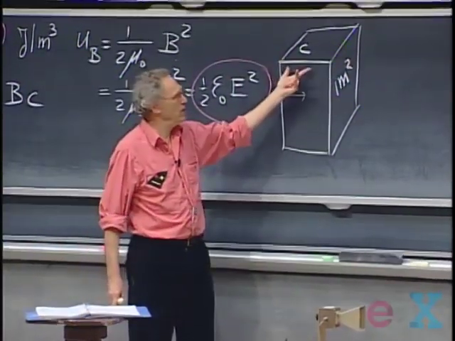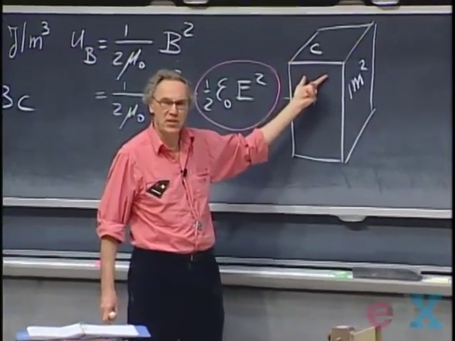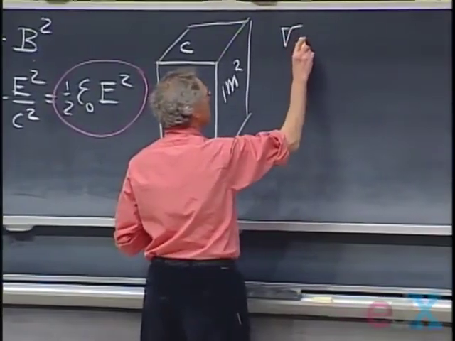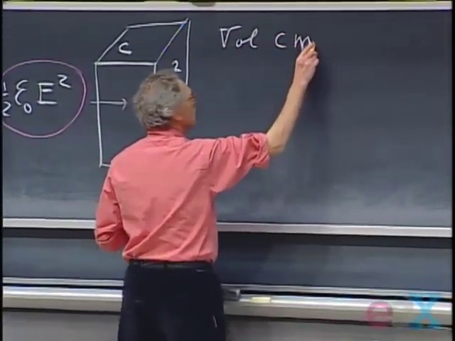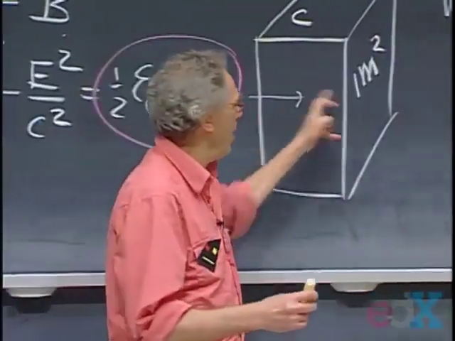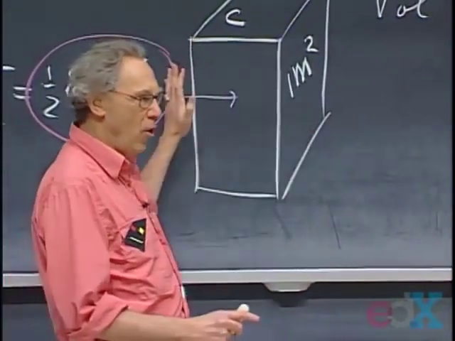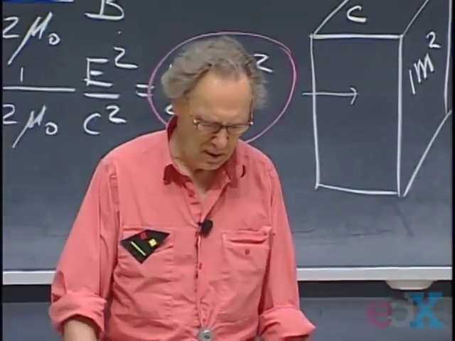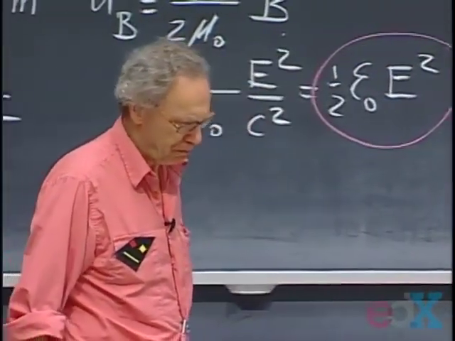But for convenience, I choose this to be c, and this to be 1 square meter. So the volume of that box is c cubic meters. And all the energy in that box is going to come out here in 1 second, because I know that electromagnetic waves move with the speed of light, which is c.